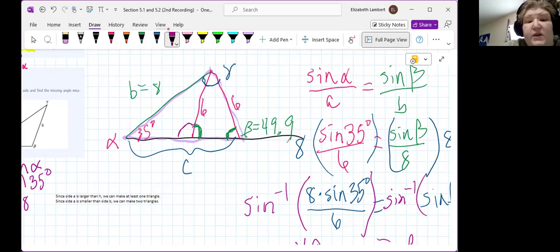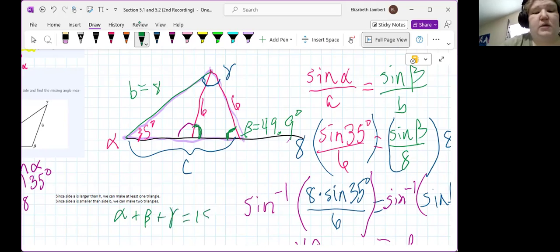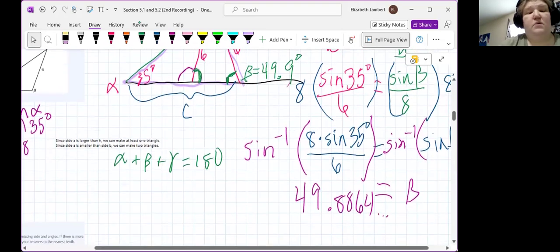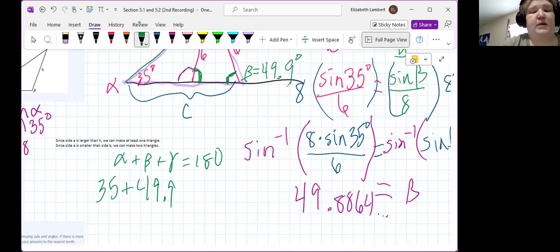All right, so if I know this angle is 49.9 degrees, I can find gamma because all three angles add to 180. So alpha plus beta plus gamma is 180. So we have 35 plus 49.9 plus gamma is 180.